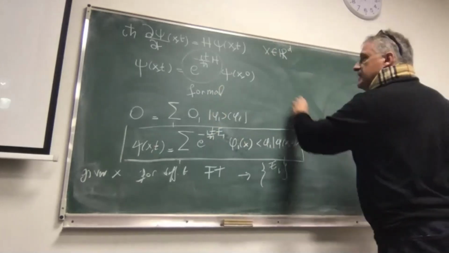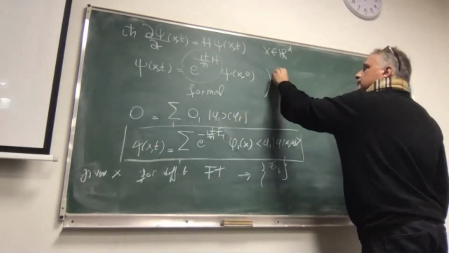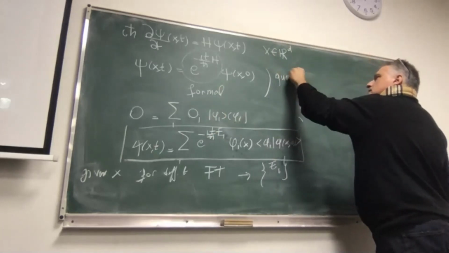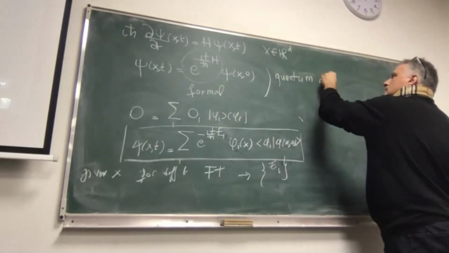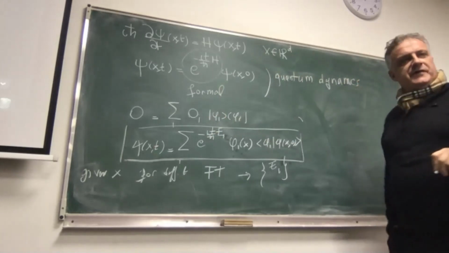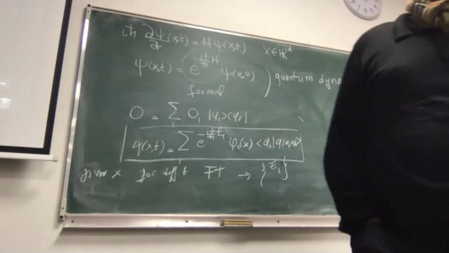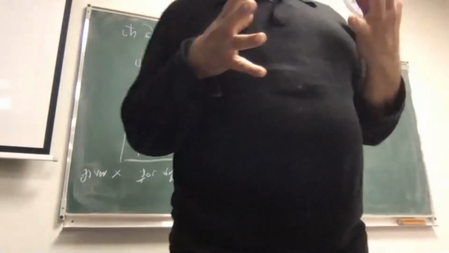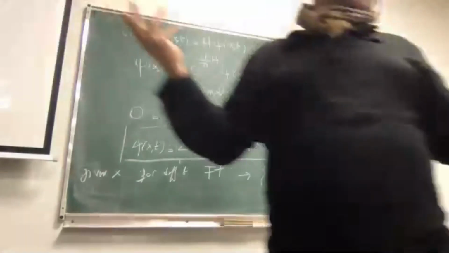If you want to solve this, it's called quantum dynamics. And this is very hard, and usually we are able to do that only in a small dimensional space: 1, 2, 3, 10, a few hundreds in some cases.